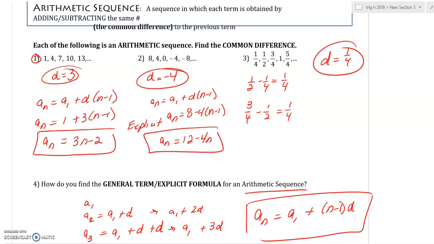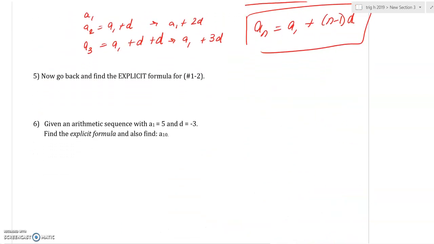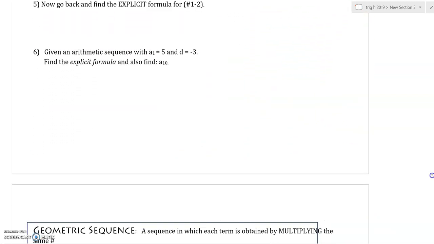Okay, so why don't we go down now to that last question, number 6, and it says, given an arithmetic sequence with the first term given and the common difference, can you find a formula? Well, you could, because we know the formula is a sub n equals a sub 1 plus d times n minus 1. So the nth term is 5 minus 3 times the quantity n minus 1.